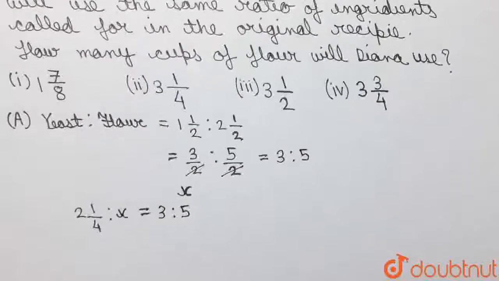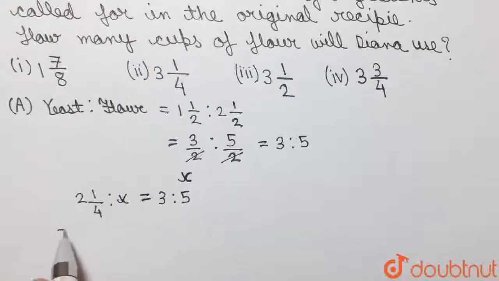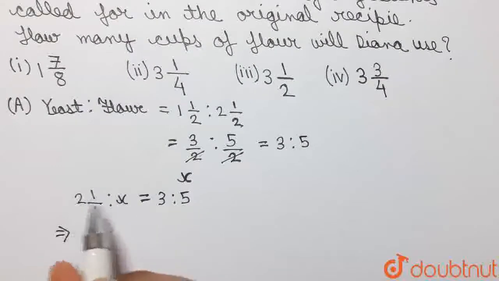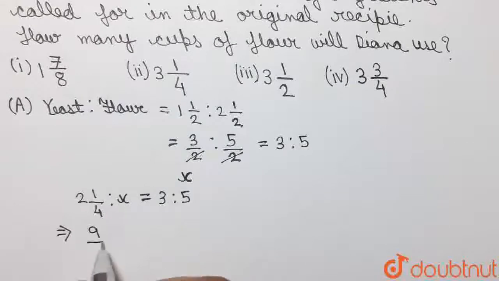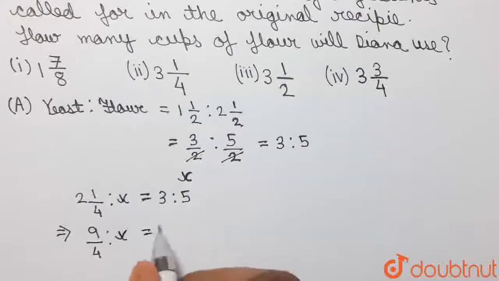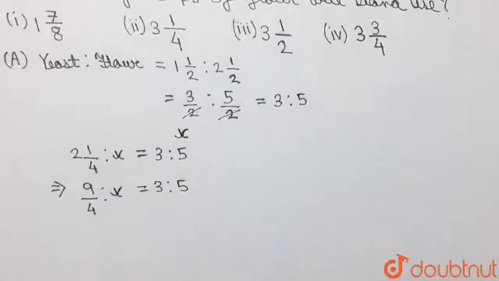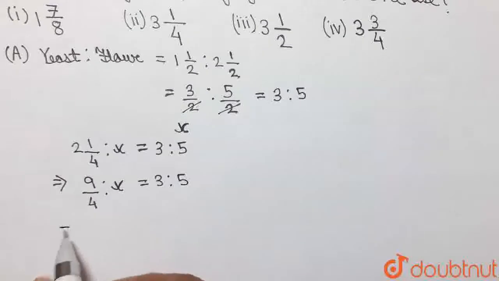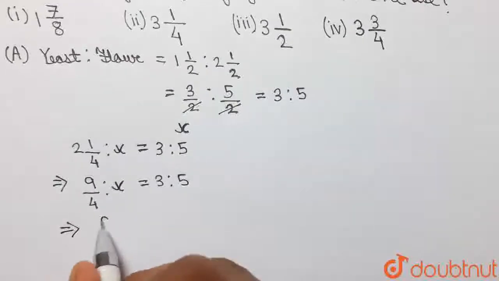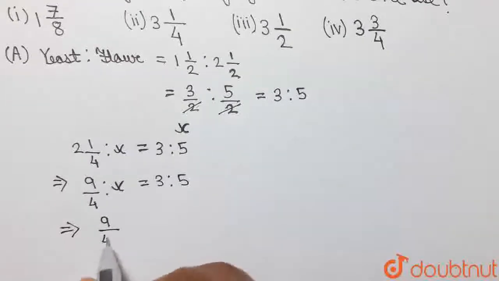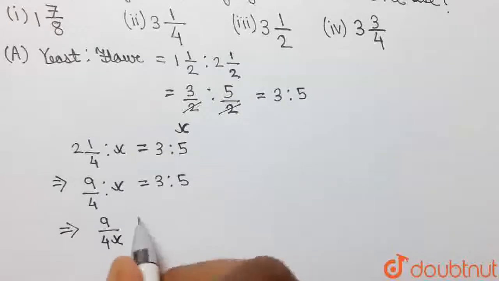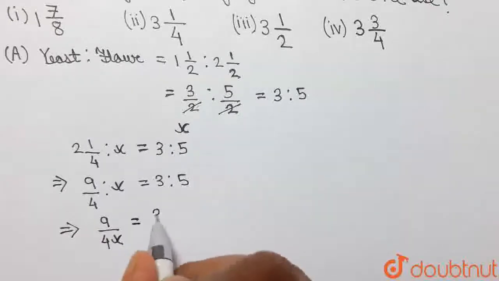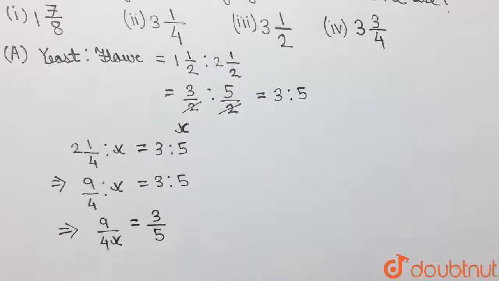Now simplifying these ratios, 2 whole 1 by 4 can be written as 9 by 4. So 9 by 4 is to X can be written equal to 3 is to 5, and from this equation we can find the value of X. So we can write 9 by 4x, and on the right hand side we have 3 by 5.